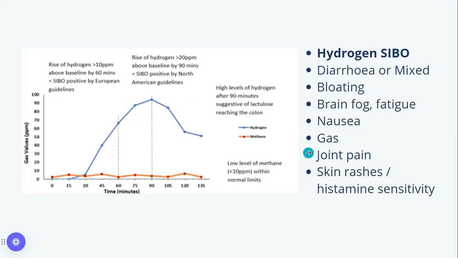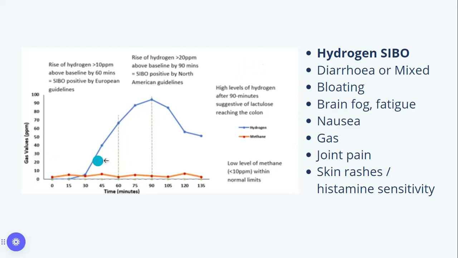So that's a big sign: if fiber is causing an issue, then maybe SIBO is involved. You might also see skin rashes and redness and have histamine sensitivity or histamine responses. So where you have that kind of prickly nettle rash, or postnasal drip, or it feels like you have hay fever or clogged sinuses all the time, that would be common in hydrogen SIBO.